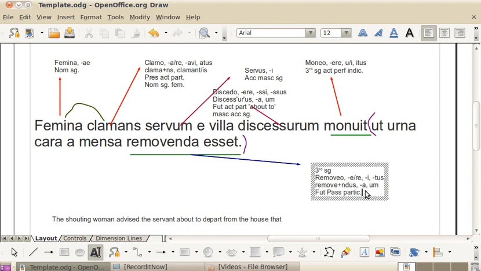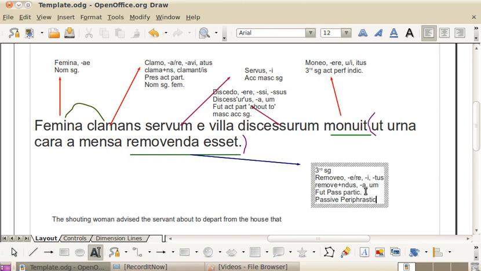When we have the future passive participle functioning in compound with the verb to be, we call this a passive periphrastic. And again, a passive periphrastic is an intimidating description or label, but in fact they are quite easy to deal with. Periphrastic simply is an idea that takes a lot of words to express something that could otherwise be expressed more simply.